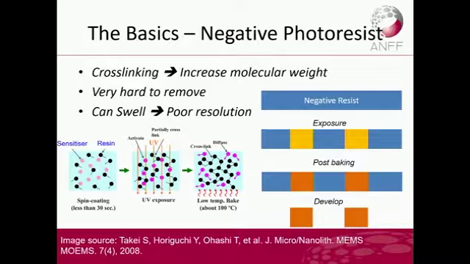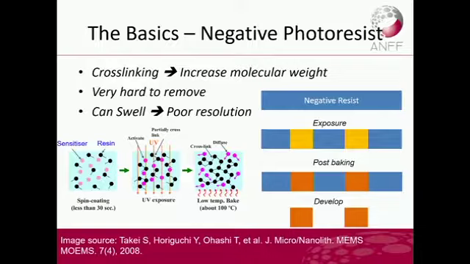These resists are very hard to remove. Some of the resists we actually cannot remove. A classic example is the resist called HSQ. It actually is a silicon-based photoresist, and it turns into oxide. Another name for HSQ is flowable oxide. So after you cross-link it, it turns into oxide.